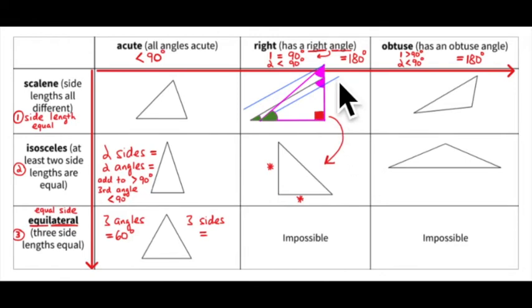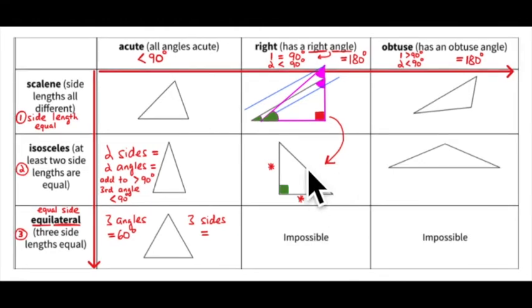As one gets larger, the other one has to get smaller. They always have to equal 90 degrees because this angle is 90 degrees, and 90 degrees plus 90 degrees equals 180. So they always have to add together to equal 180 degrees total. All right, this is now an isosceles right triangle, so this is 90 degrees.